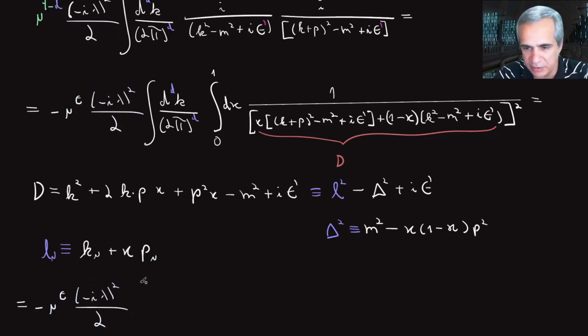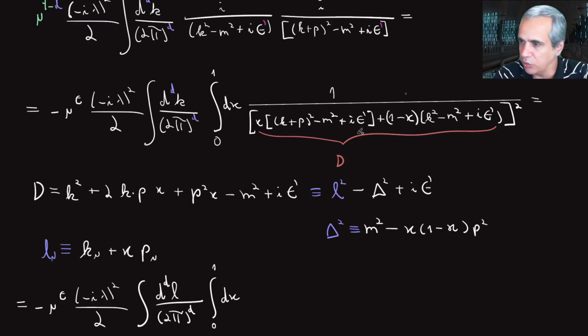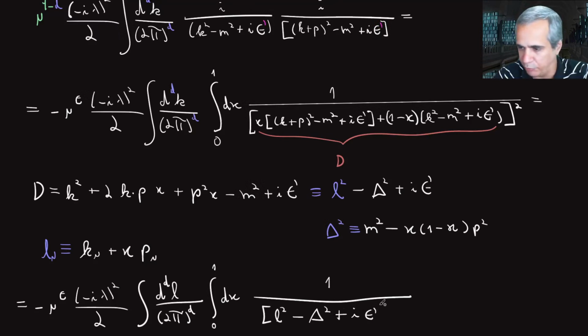This becomes the integral in d d L over 2 pi to the power d, there's an integral in x, 0 to 1 dx, and this whole thing has become just 1 over L squared minus delta squared plus i epsilon prime, squared.